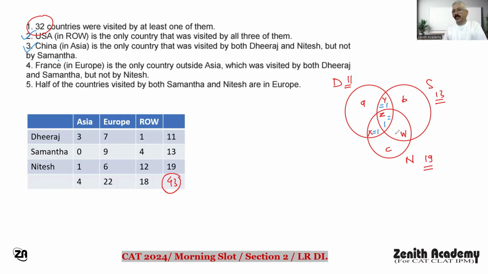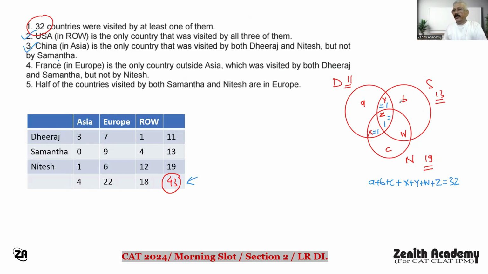Look here, there are 32 countries. So it is A plus B plus C plus X plus Y plus W plus Z. This is equal to 32 countries. Correct? But the total visits are 43.